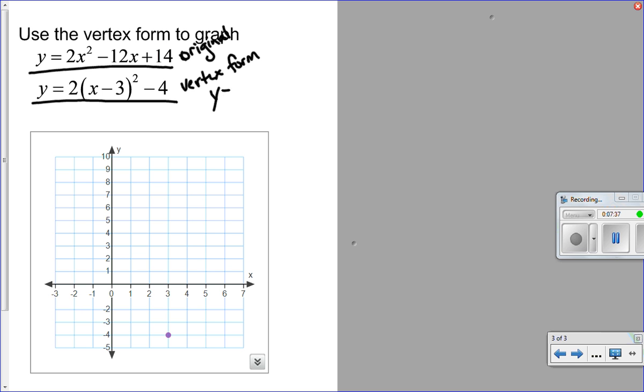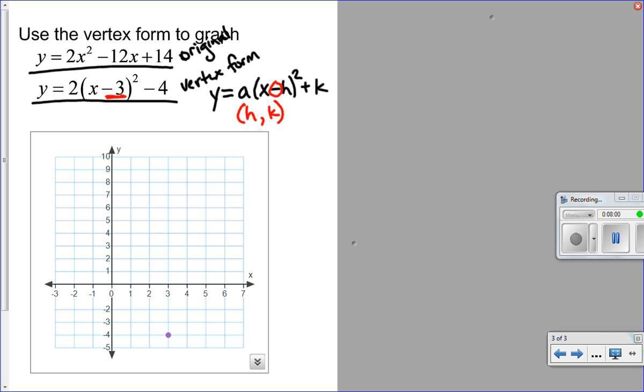Remember from the equation, y equals a times x minus h squared plus k. When we find our vertex, we have to remember to change the sign. Because in our equation, there's a negative in front of the h, then in our vertex, there's not.